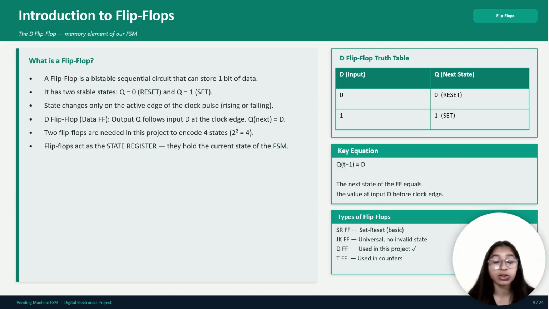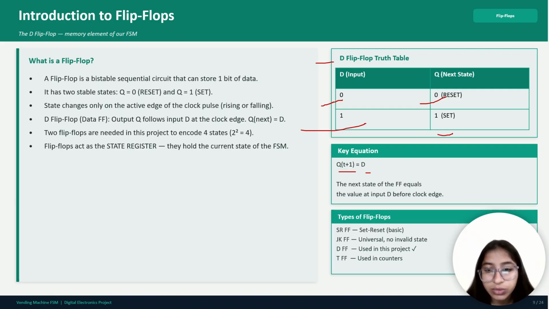The two flip-flops together form the state register, the memory of our FSM. You can see in this truth table that D equal to 0 gives Q equal to 0 and D equal to 1 gives Q equal to 1. So the equation is Q(t+1) equals D.